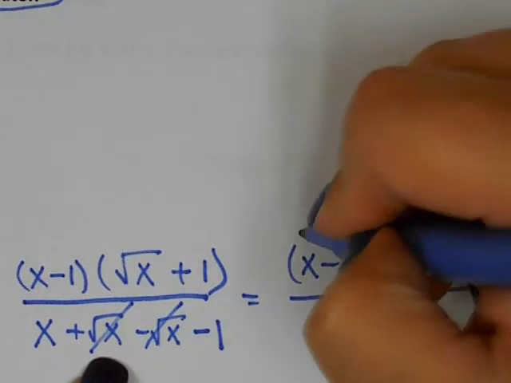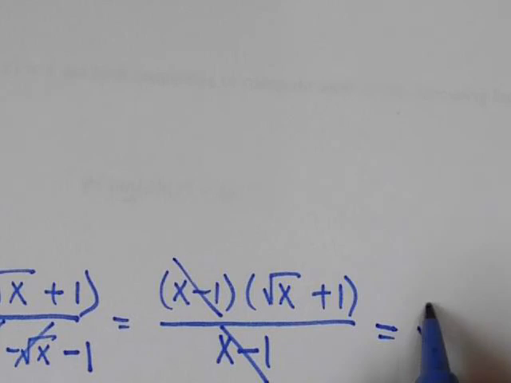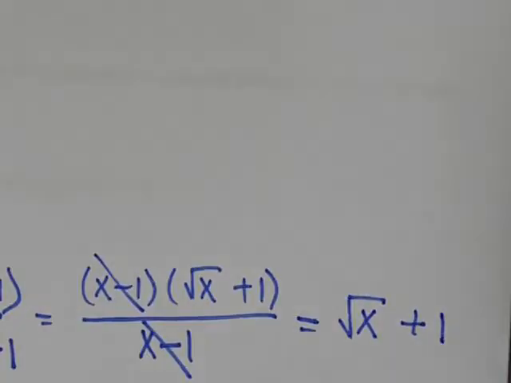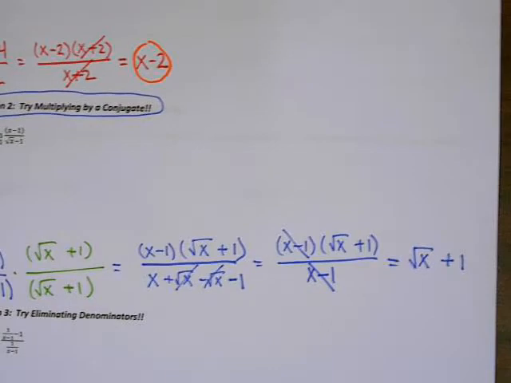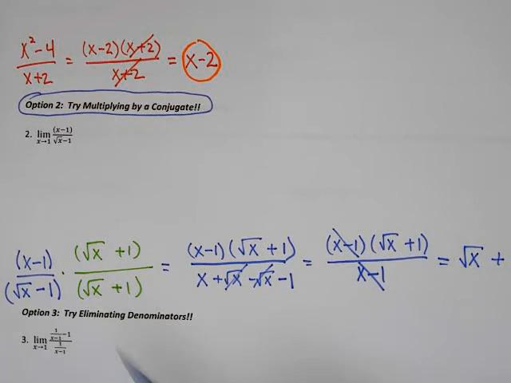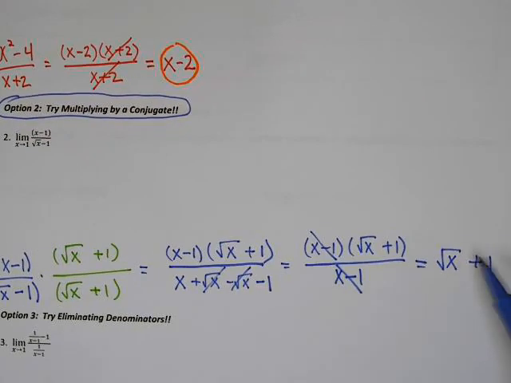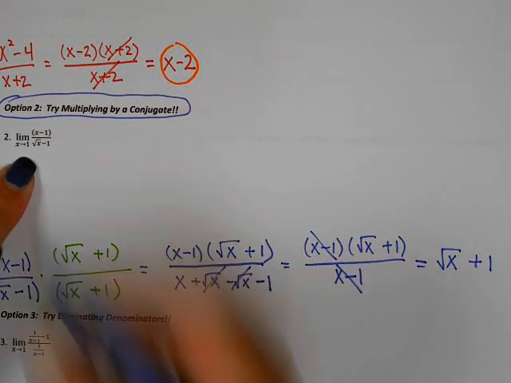Now when we look here, these x minus 1s cancel each other. And so we are left with this entire thing simplifies down to the square root of x plus 1. All right, I'm going to zoom out a little bit. There we go. So now we can see this whole thing: by multiplying by the conjugate, we simplified our entire function down to the square root of x plus 1, which means now we can go back up to our limit.